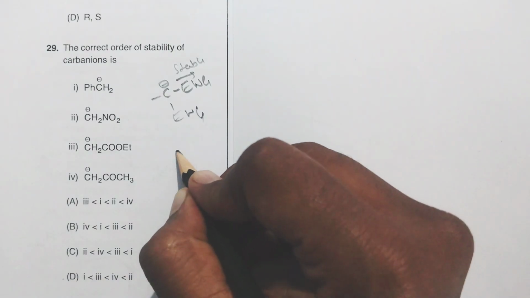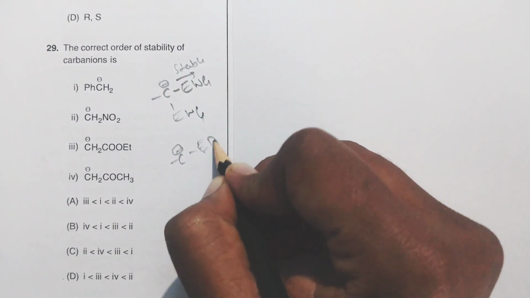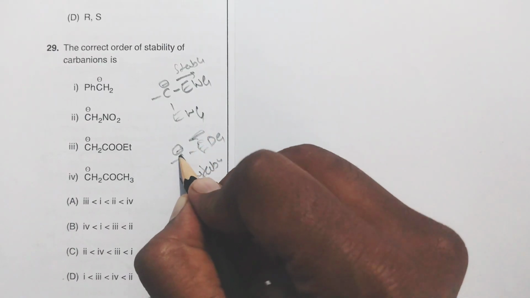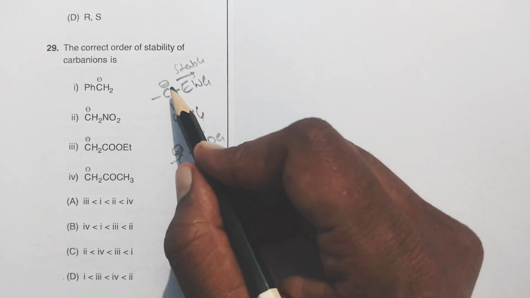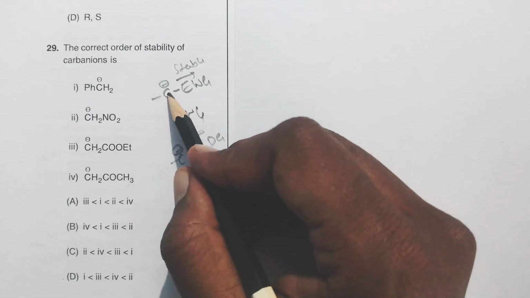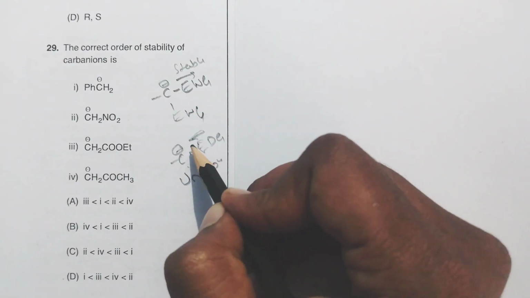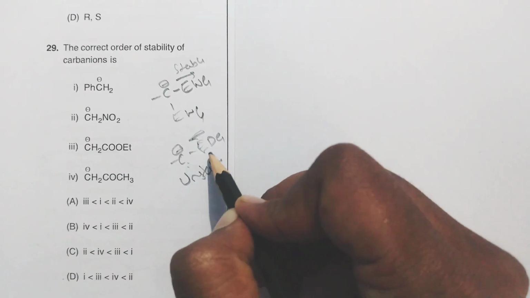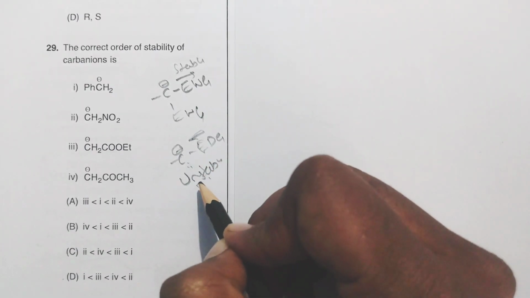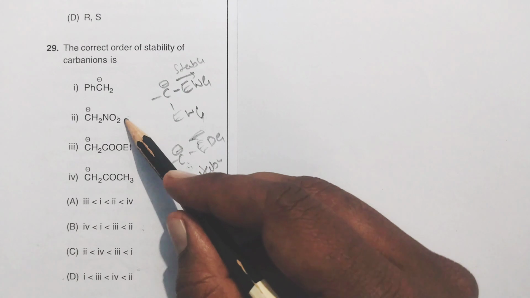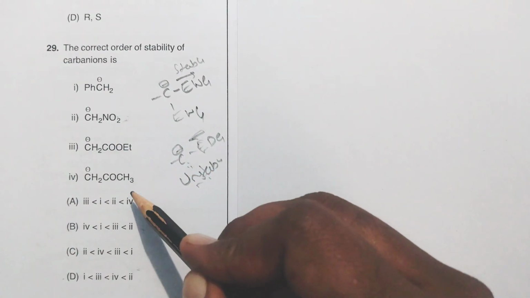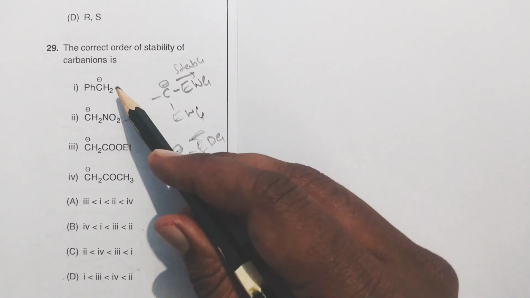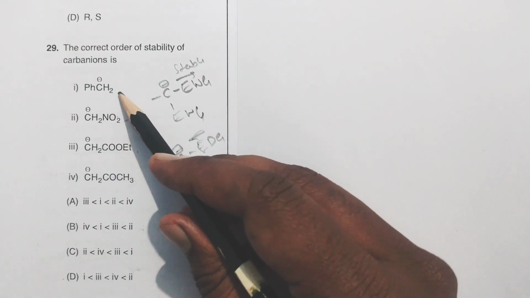When it is attached with electron donating groups, it is unstable because it is already electron rich, so we have to take the electrons away from the carbon, then only it will be stable. Again, if you are attaching the carbanion with electron donating groups, it will be less stable or unstable. Nitro is a strong electron withdrawing group, then the ketone, then the ester, and this is also involved in resonance structures.